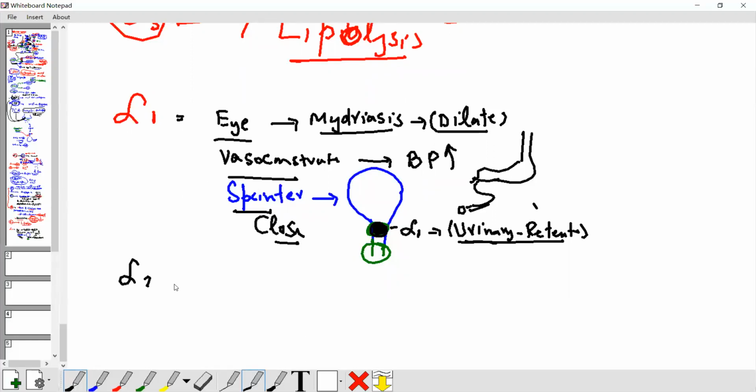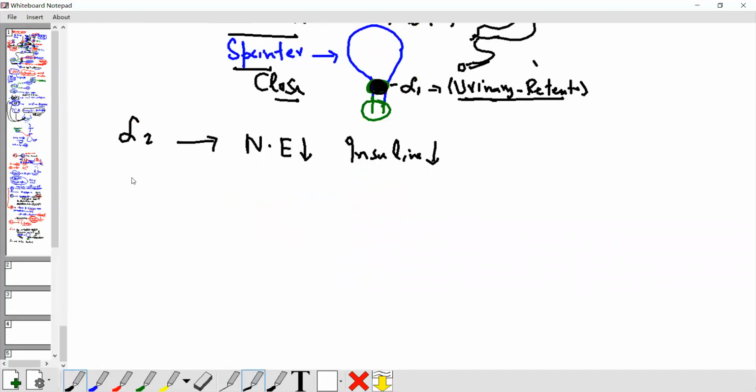And alpha 2 function: decrease release of norepinephrine, decrease release of insulin. Just these two functions keep in mind. Beta 1 function is present in the heart and in the eye. In the eye, doing what? Production of aqueous humor. Beta 1 in the eye, where?